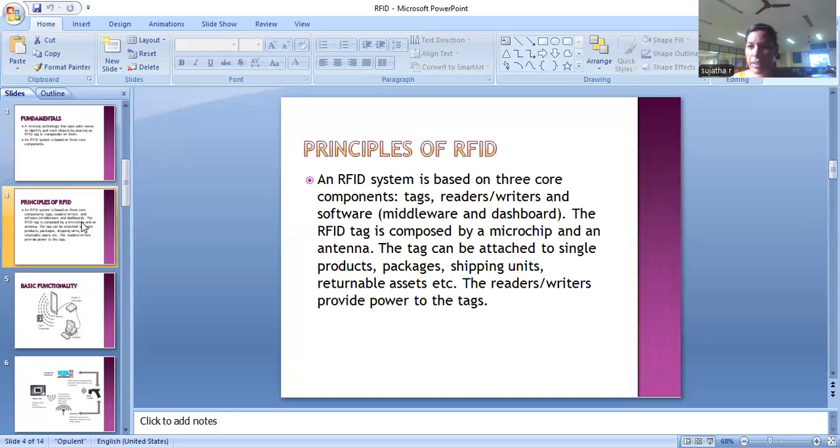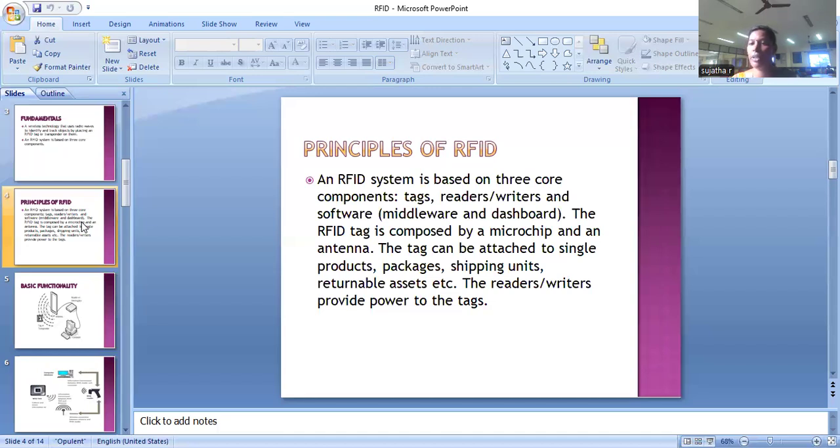The components are tags, readers, and software. Software is the computer connected to the tag and the reader, and it works as a controller.